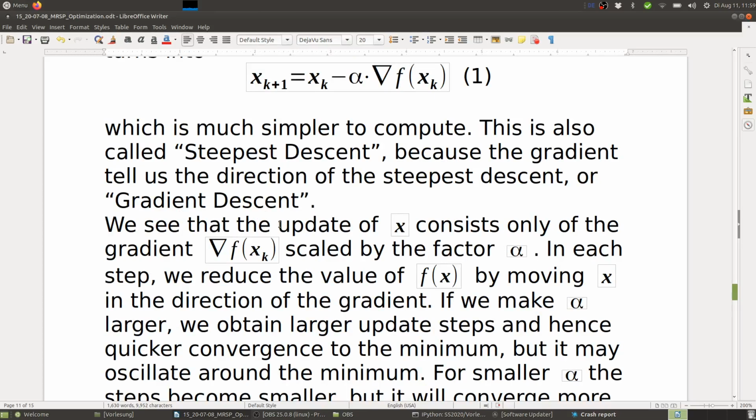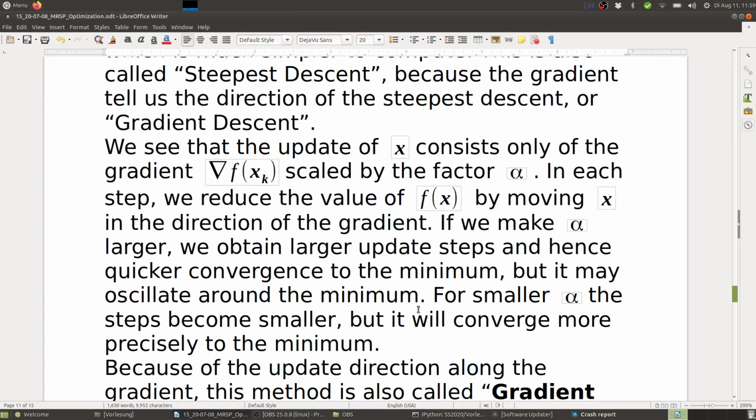Yeah, so we see that the update of x consists only of the gradient nabla f of xk scaled by this factor alpha. In each step, we reduce the value of f of x by moving x in the direction of the gradient. If we make alpha larger, we obtain larger update steps and hence quicker convergence to the minimum, but it may oscillate around the minimum because we may overshoot the minimum.